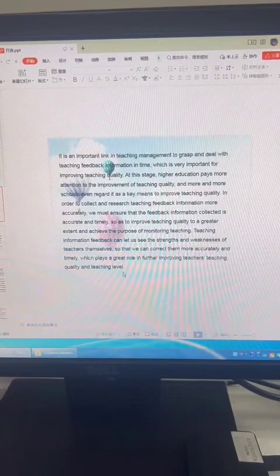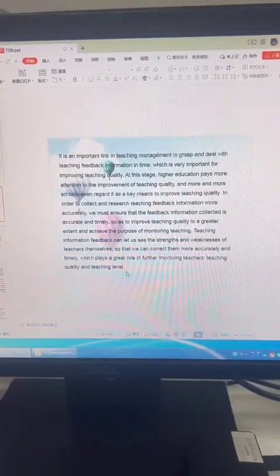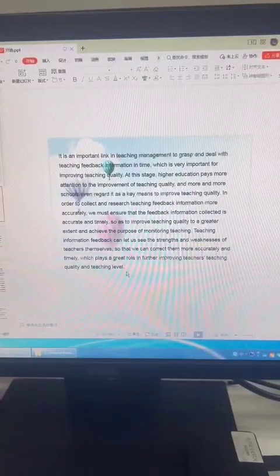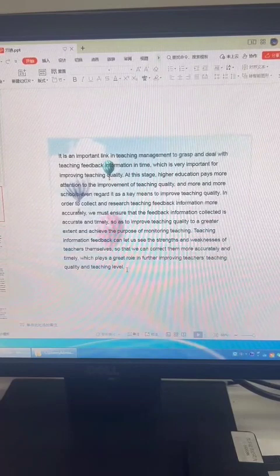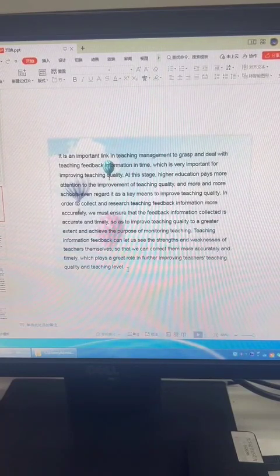In order to collect and research teaching feedback information more accurately, we must ensure that the feedback information collected is accurate and timely, so as to improve teaching quality to a greater extent and achieve the purpose of monitoring teaching.